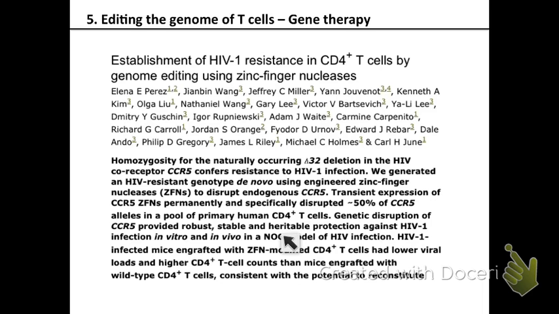And then they used this in a mouse model of HIV infection. And then they asked, are these CD4 plus T cells now resistant to HIV infection or not? And they have shown that, yes, they conferred some resistance, right?